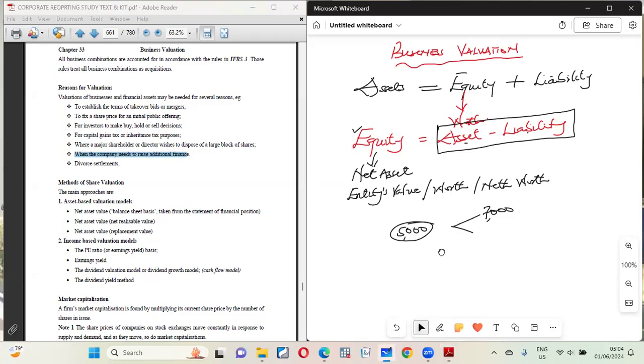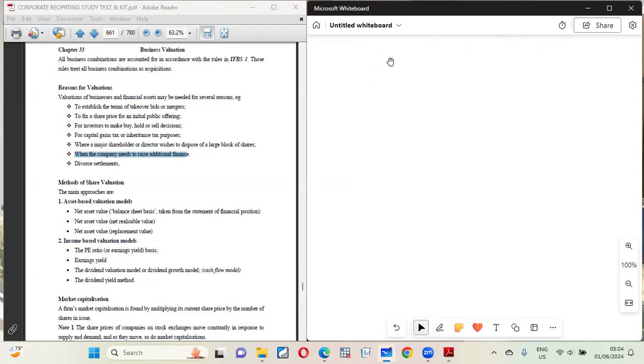So if we want to value a business, there are three main methods under the umbrella of valuing a business. So let's look at the methods of valuation, the methodology.